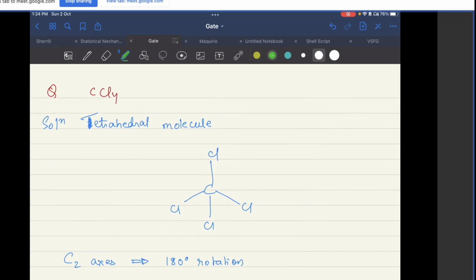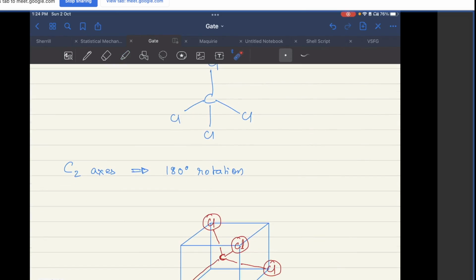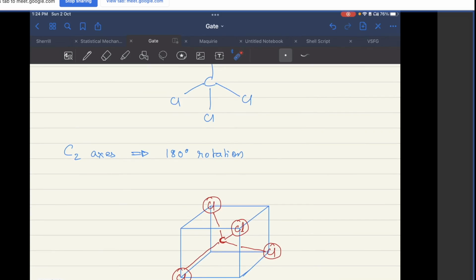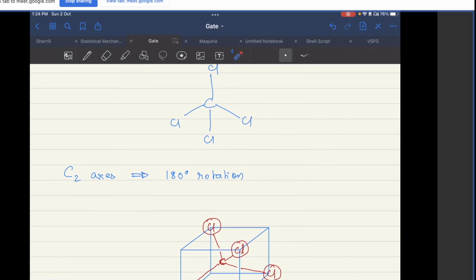Now let's move to our question. We were given CCl4. So this is a tetrahedral molecule, with four Cl bonds. The question asked for the number of C2 axes in CCl4.